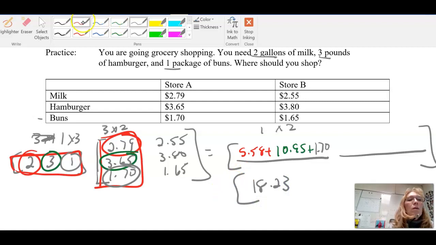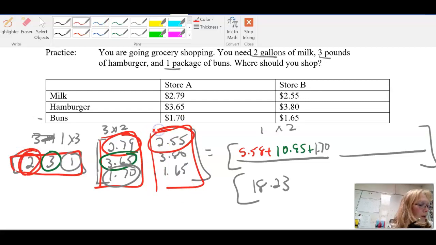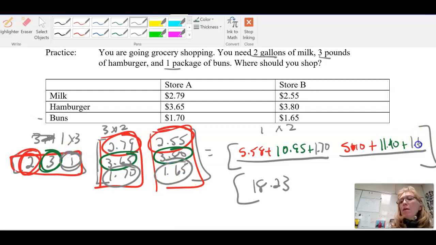Okay, store 2. Same thing, except now we multiply by the second column. So 2 times 255, which is 510, plus 3 times 380, which gives us 1140, plus, last but not least, 1 times $1.65.